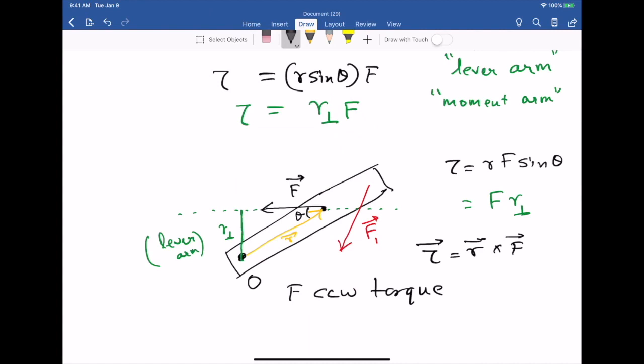So my question is this red force arrow F1, is it exerting a clockwise or a counterclockwise torque? The answer is it's exerting a clockwise torque. Why is that? Because if F1 has its way, forget about all the other forces. Just think about F1 and just think about the reference point O. If F1 had its way, then it would rotate the beam clockwise about O. And so that tells us that F1 is exerting a clockwise torque.